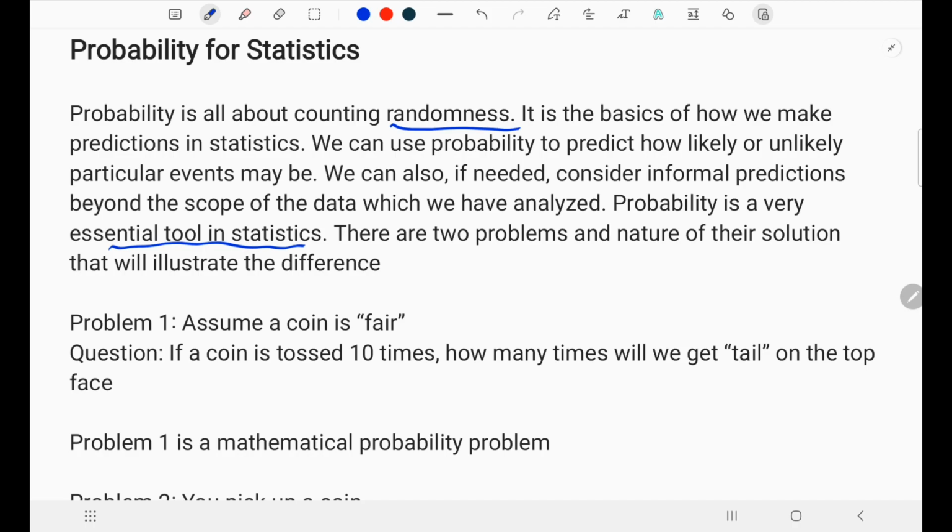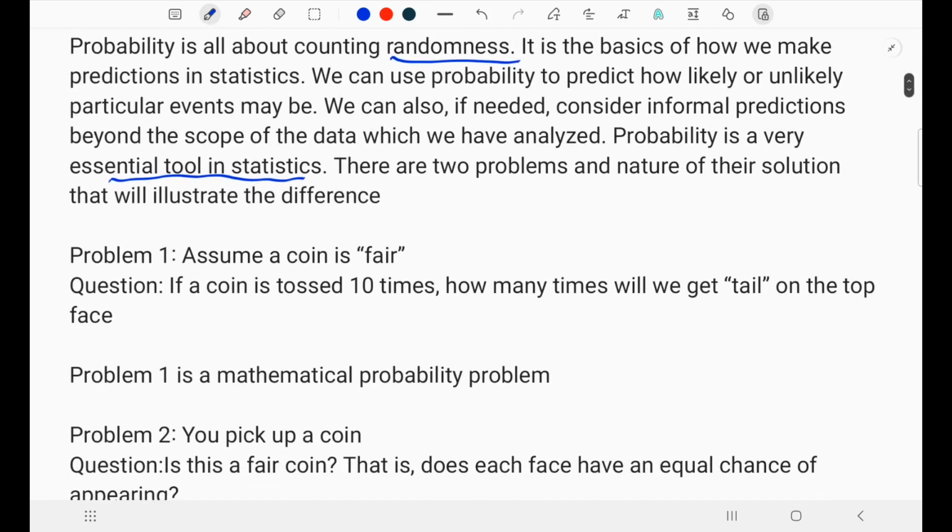There are two problems, different in the nature of their solution, that will illustrate this. Whenever it comes to probability, we have two problems. For example, problem number one: assume a coin is fair. What does it mean that a coin is fair?